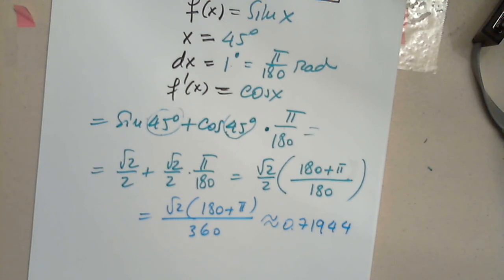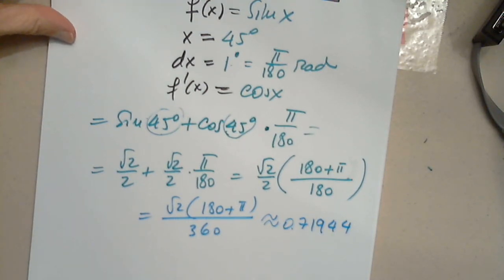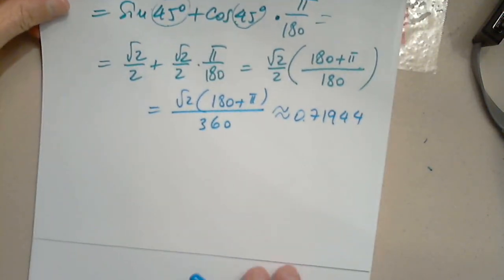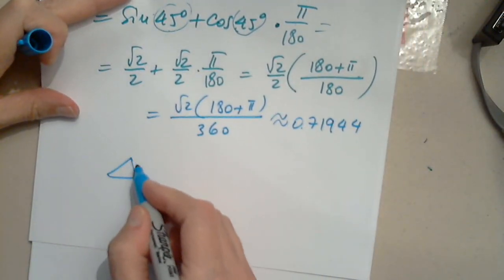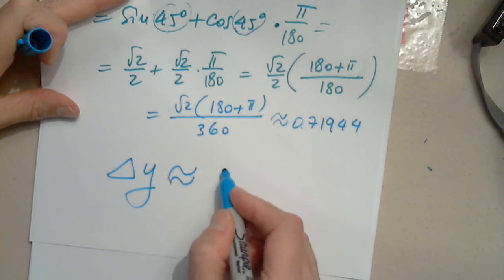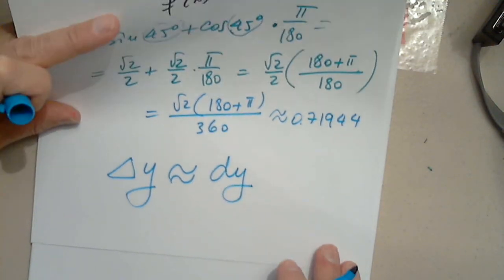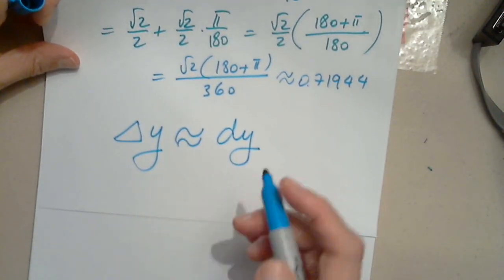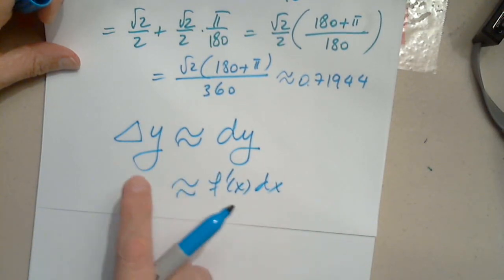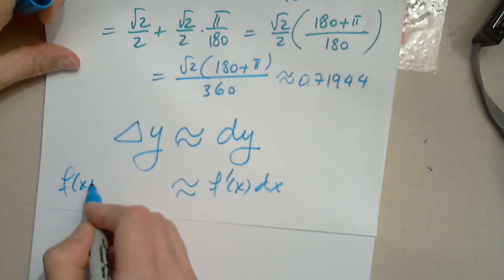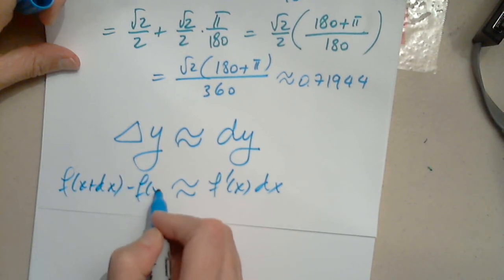So remember how we get this concept, that the exact change in y is approximately the differential of y. And now we have to put the formulas for both. This formula, as we know, is f prime of x dx. This formula is f of x plus dx minus f of x.